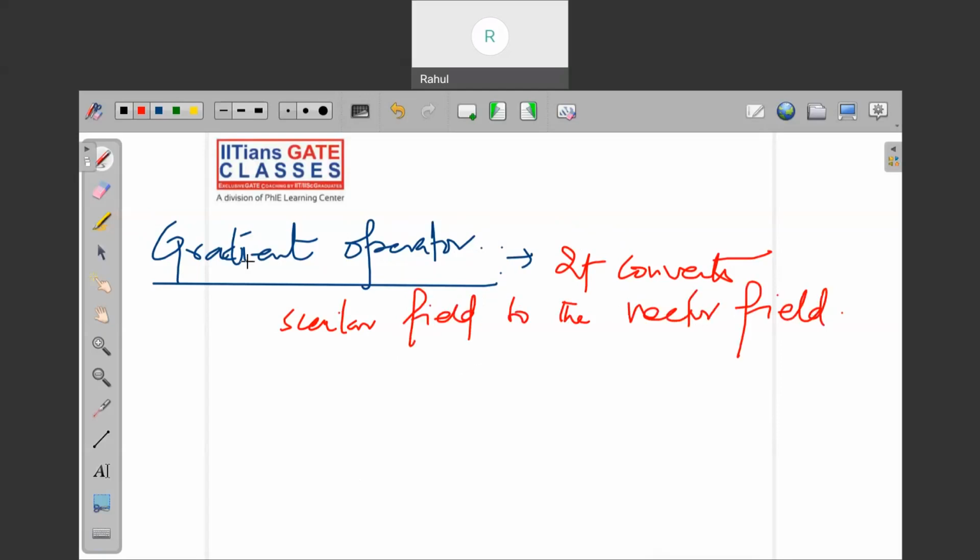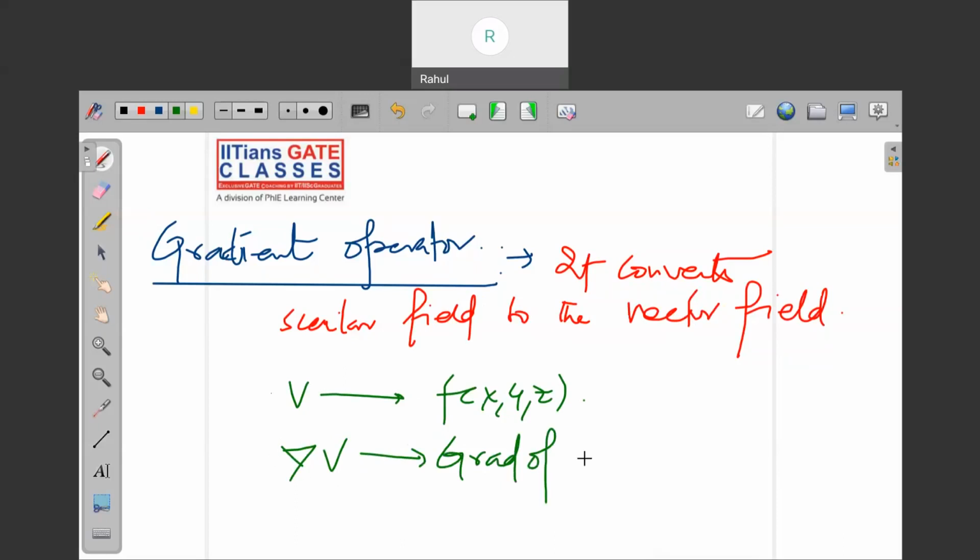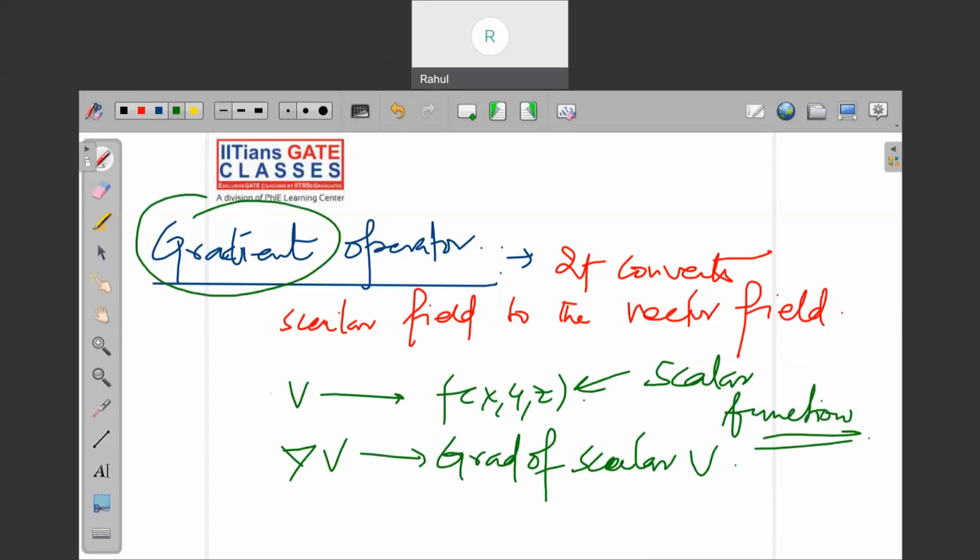What we are trying to convey here is that suppose V is some scalar field, a function of x, y, and z. Then the operator acting on V will be the gradient of V. It is read as gradient of scalar V. What is the significance of this gradient?